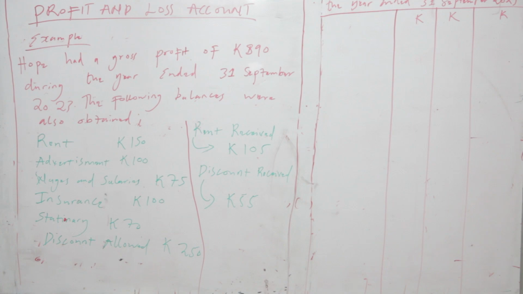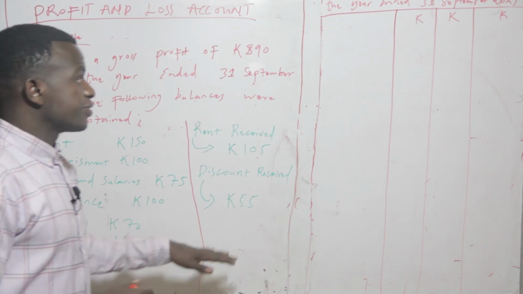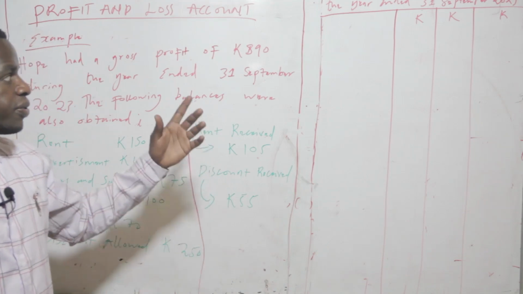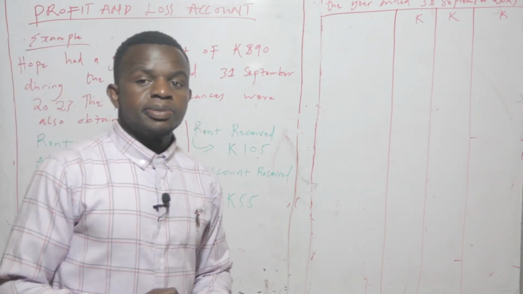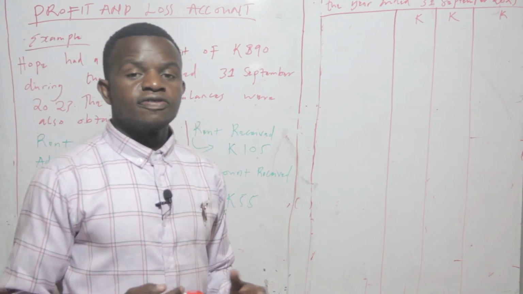We have rent amounting to 150, advertisement amounting to 100, wages and salaries amounting to 75, insurance amounting to 100, stationery amounting to 70, discount allowed amounting to 250, rent received amounting to 105, discount received amounting to 55. So we have been told to calculate the profit and loss account for Hope.